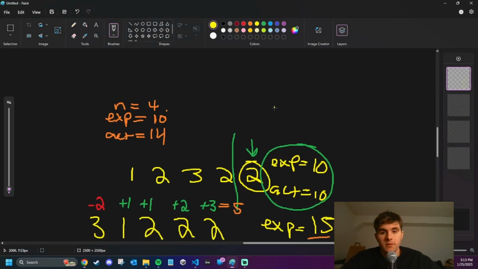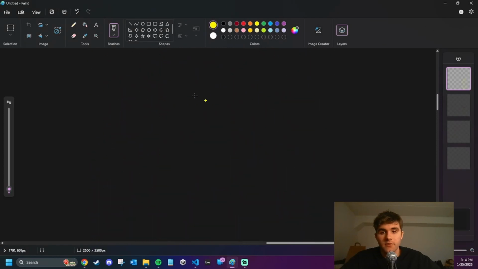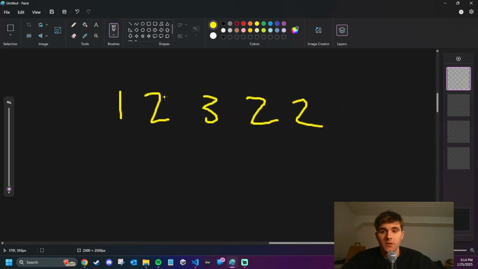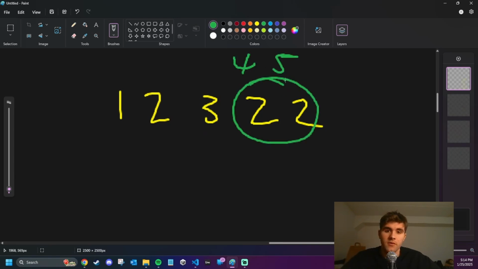I think I'm kind of getting somewhere with that. So if you have, so the first one, right? 1, 2, 3, 2, 2. So you know one of the 2s is legit, but these 2s must have replaced a 4 and a 5. So that's 9, and this is 4. So the difference now is 5.